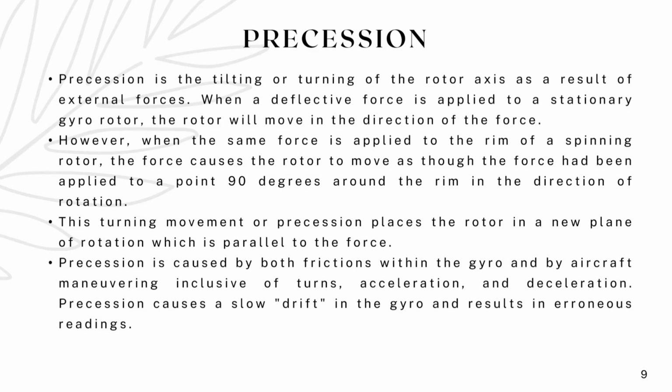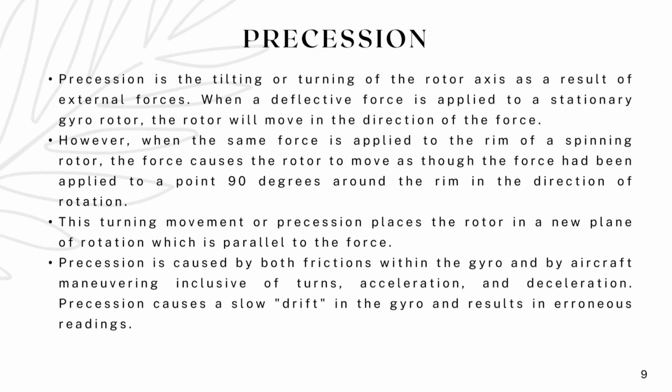Precession. Precession is the tilting or turning of the rotor axis as a result of external forces. When a deflective force is applied to a stationary gyro rotor, the rotor will move in the direction of the force. However, when the same force is applied to the rim of the spinning rotor, the force causes the rotor to move as though the force had been applied to a point 90 degrees around the rim in the direction of the rotation.